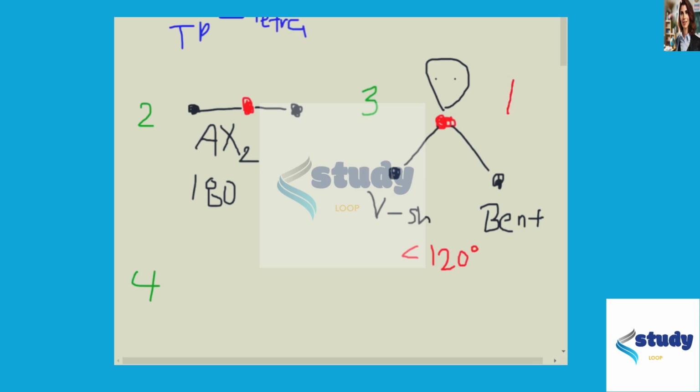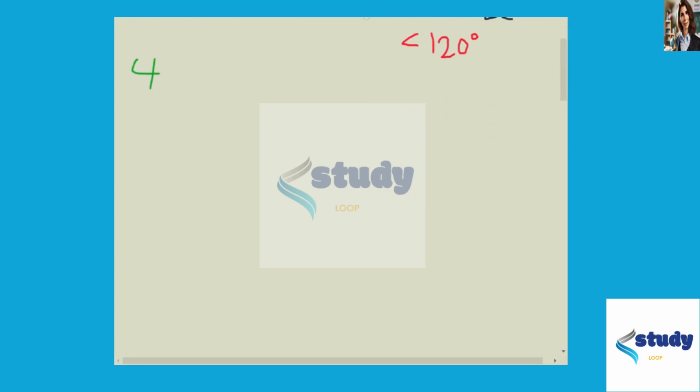And its formula is AX2E1. All right, so for 4, which would be tetrahedral, you can also have a V-shaped and a bent formation for 4.